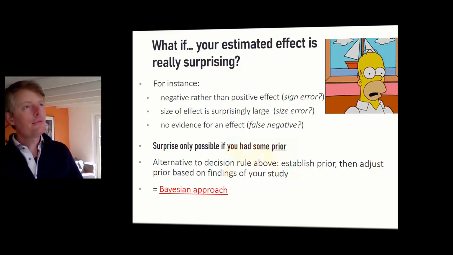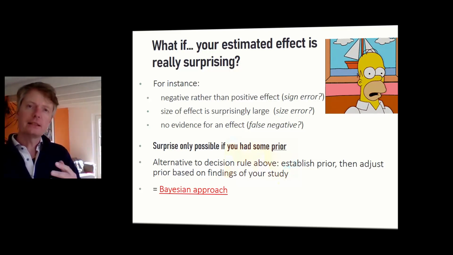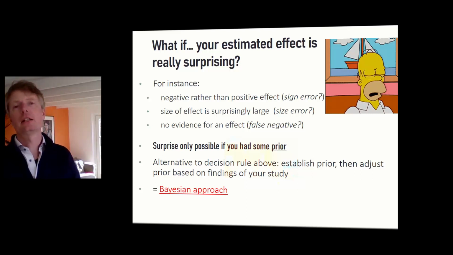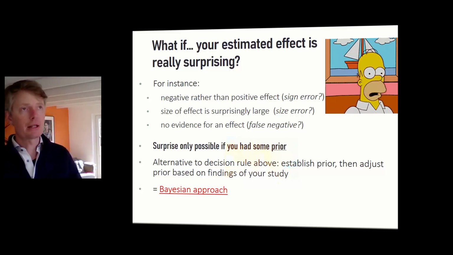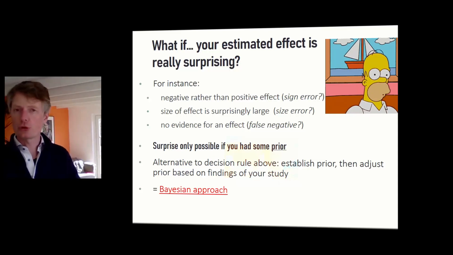And if you actually follow a different decision rule, then you can integrate that prior, and that's a so-called Bayesian approach. And the idea is as follows: you start with a prior, some belief about, for instance, the chance of finding an effect, and then you adjust your prior based on the results of your study.